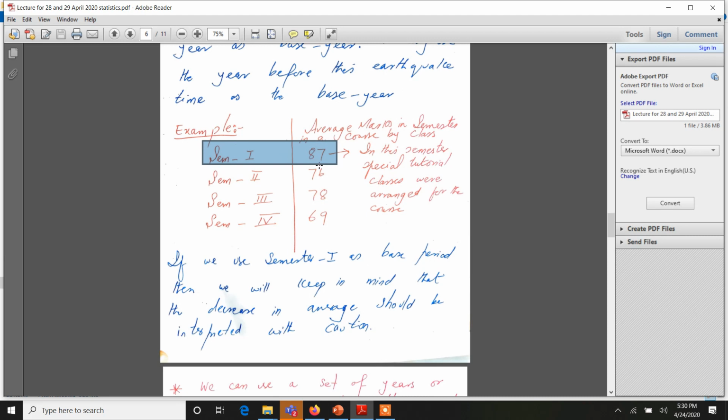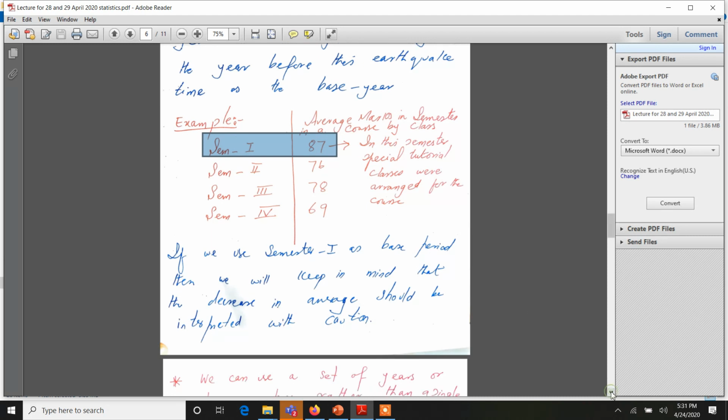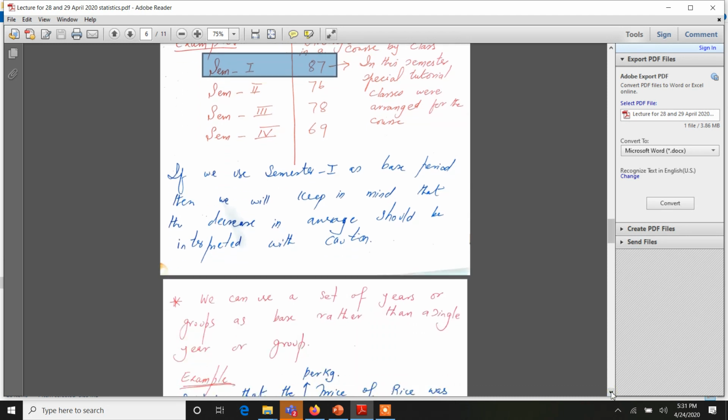So we should not use semester 1 as a base time period. Instead of using one semester as a base time period, we can actually use the average of these semesters as the base. We will discuss that as well shortly.